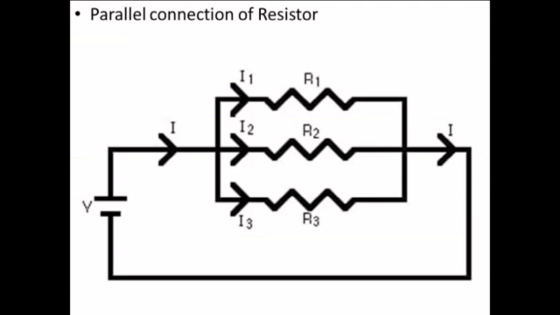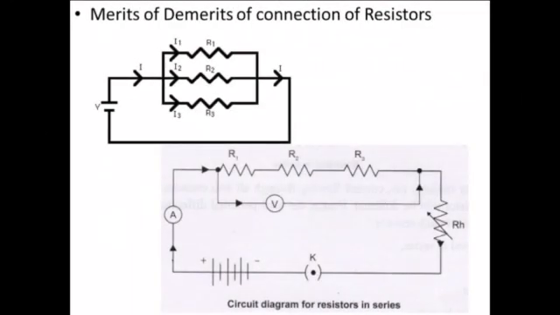Second, the voltage drop across each resistor remains the same. The sum of the current flowing through each resistor equals the total current flowing through the circuit. And last, the magnitude of equivalent resistance is always smaller than that of the smallest resistance.